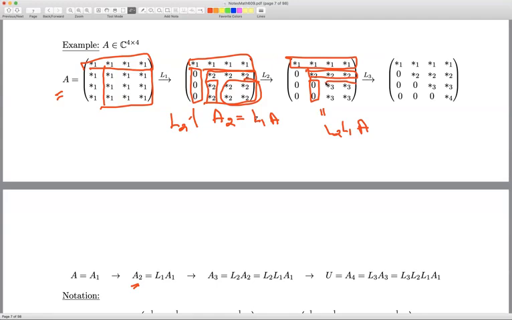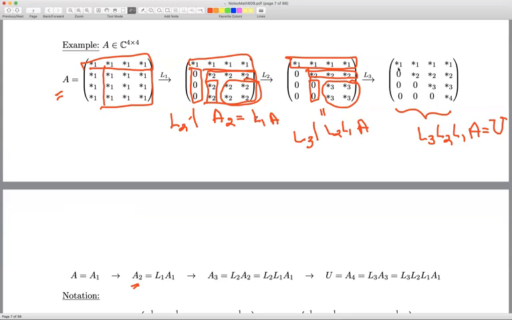Then the last step is we multiply this matrix on the left by a lower triangular matrix L3. When we do that, we end up with L3 times L2 times L1 times A, and at the same time, this will be the upper triangular matrix that we are looking for.